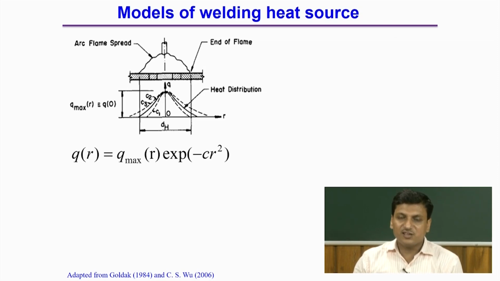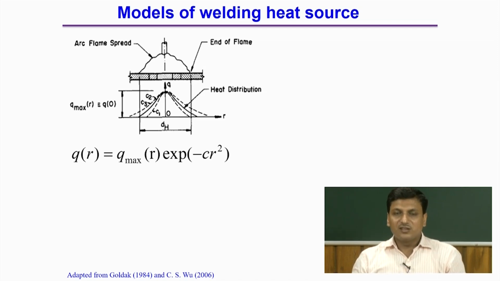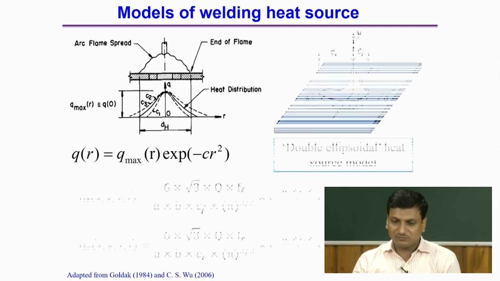C is the distribution coefficient. By varying the value of c, we can represent whether the distribution is very steep or very flat; that is decided by this distribution coefficient c. This is the typical representation of the surface heat flux that we can see in the welding process.